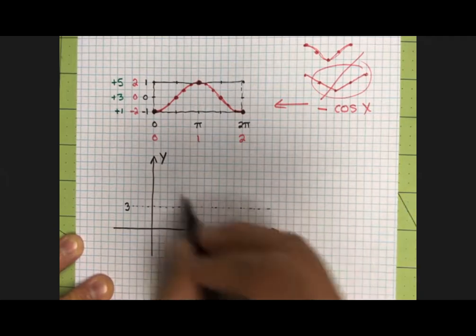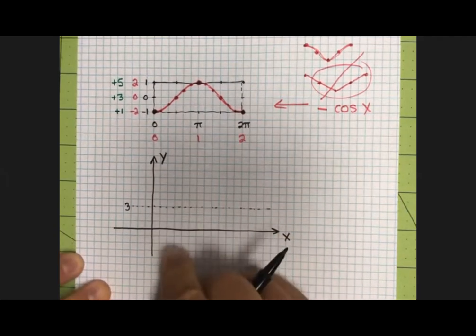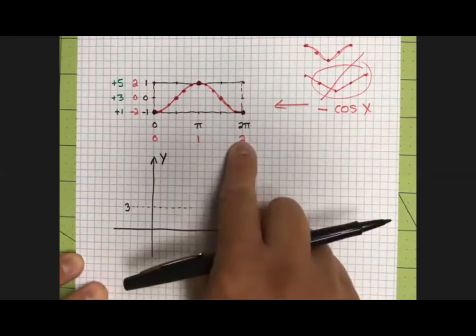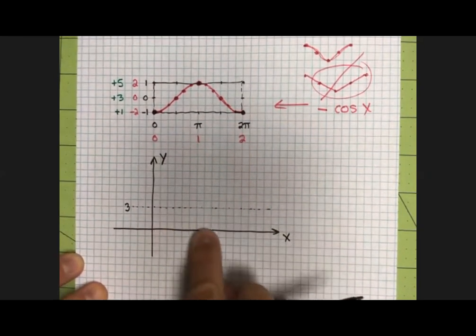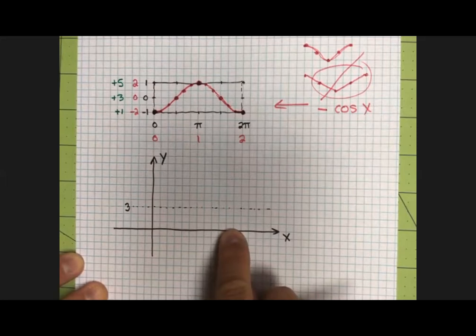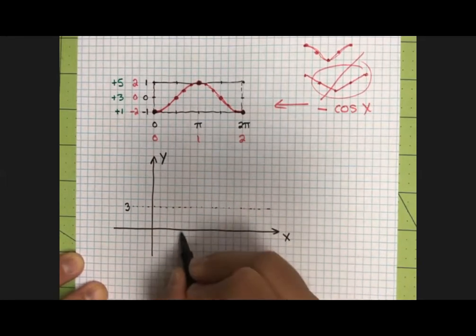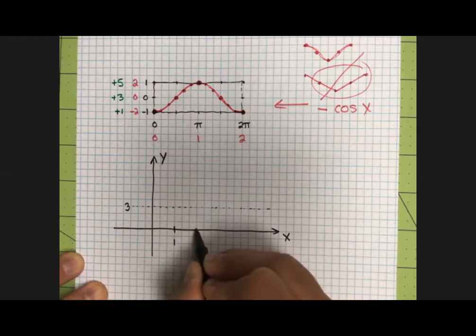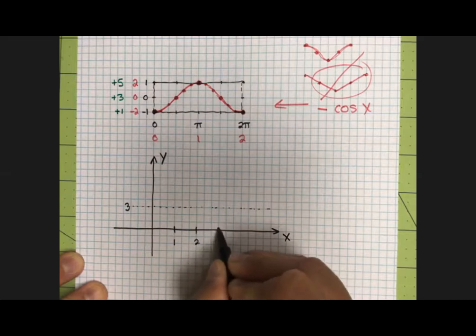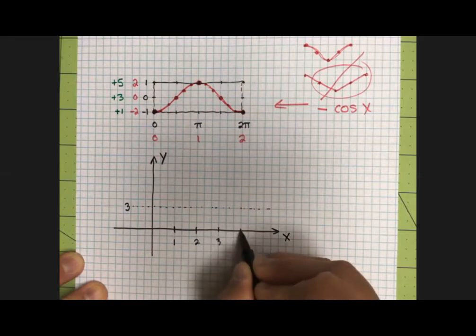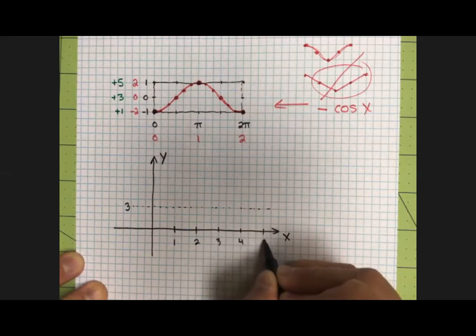Okay, let's finish drawing my box. I need to do 2 units, one way or the other way. 1, 2, right? So I can mark 2 units over here. Let's compact this a little bit. Let's make this 1 unit, and this 2 units, and this 3 units, and this 4 units, and this 5 units.